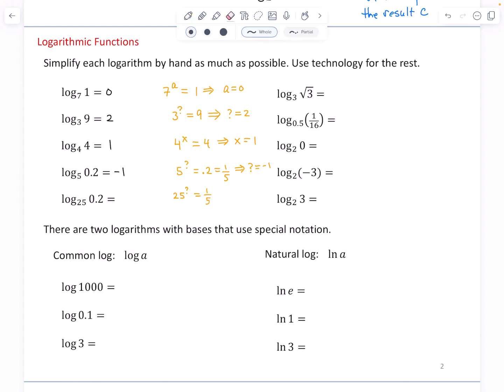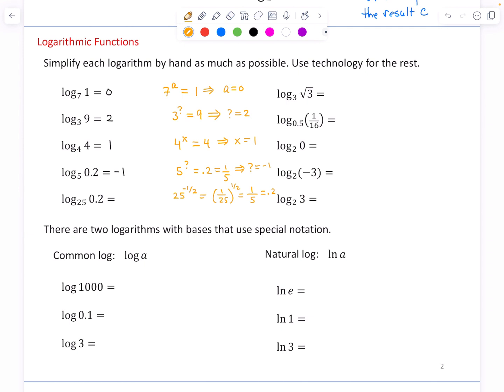Now I know that the square root of 25 will give me 5. So experimenting, if the power was 1/2, that would mean square root of 25. That would give me 5, but not 1/5. So if I want to do the reciprocal of this, then I need to use a negative power. So if I do a negative 1/2 power, this means to do 1/25 raised to the positive 1/2, which means do the square root of 1/25, and you can square root the numerator and denominator separately, so you get 1 over 5, which is, of course, 0.2.